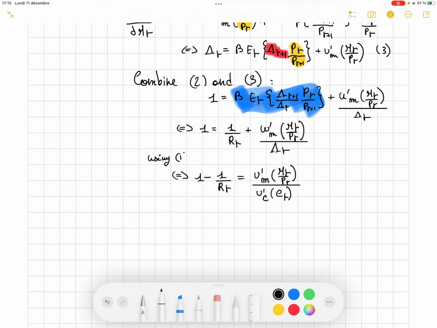Okay, so that's what we obtain as a final equation there. So that will be basically one of the equations of our system that will resume all these three first order conditions, so that's how we get one of the main equations of our system.